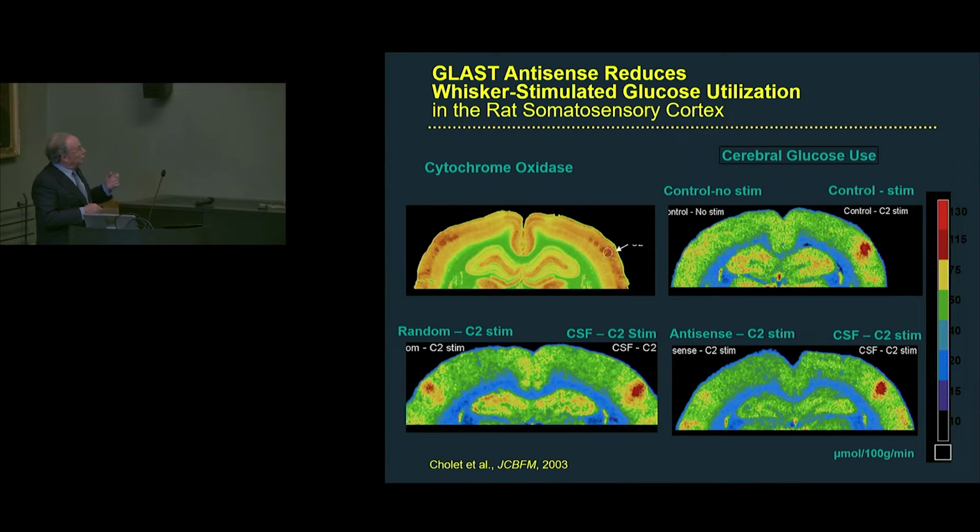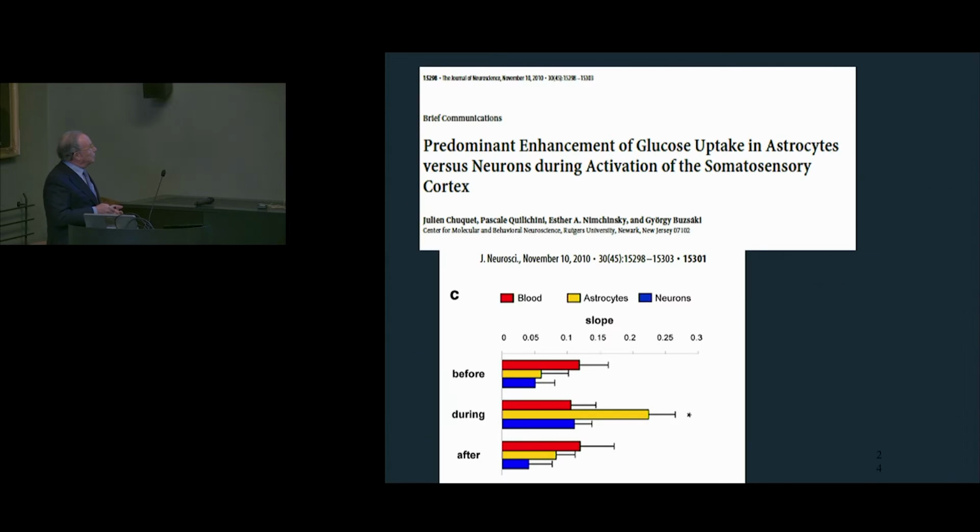Well, when we actually downregulated the expression of astrocytic glutamate transporters, you can focus on this last panel. This is the control. You see a nice increase in glucose utilization. But in the corresponding barrel where we downregulated the expression of glutamate transporter, you essentially see no image of glucose utilization, meaning that this mechanism is a key for glucose uptake into the brain.